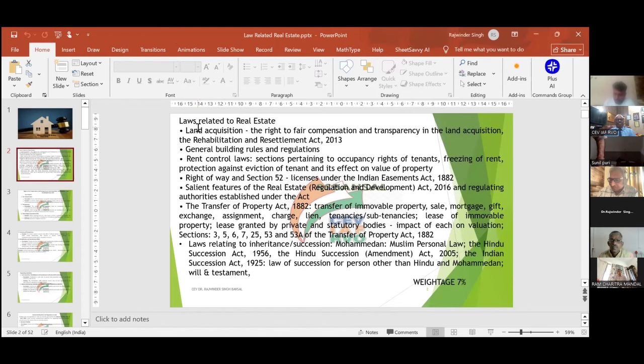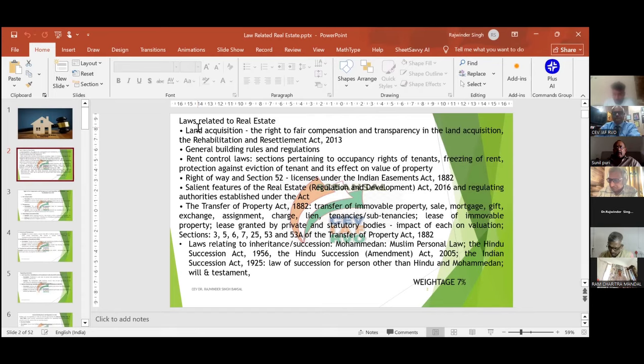Then we have to study the general building rules and regulations. As an engineer and as an architect, you all know the building bylaws of your state, and for more on this topic, you may refer to the National Building Code 2016.